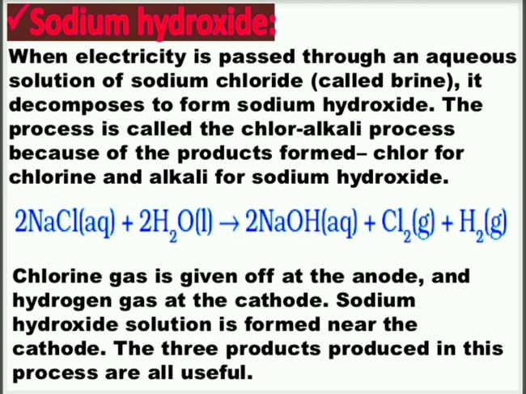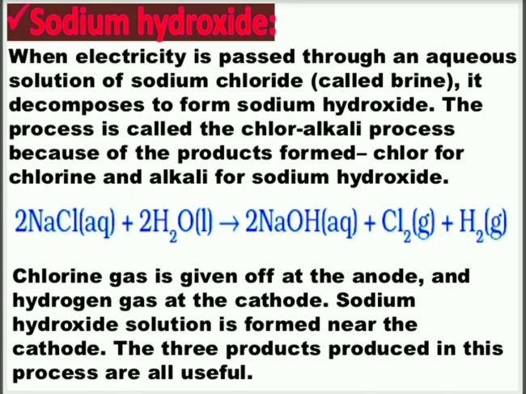H for hydrogen, C for cathode. So I think it was a very good hint given to you. You will not get confused that on cathode we are going to collect hydrogen gas and on anode we are going to get chlorine gas. Okay. And NaOH solution will be formed nearby the cathode.